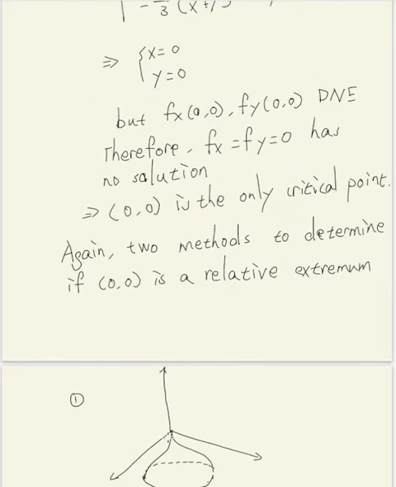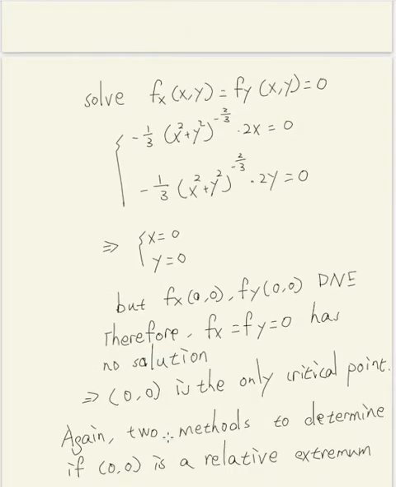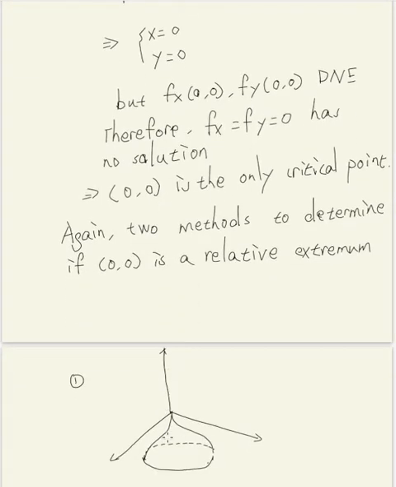All right, the second method is simpler because graphing this thing by hand is kind of difficult. One last thing: this is a mistake. The top is not the origin, but (0, 0, 1), because note that f of (0, 0) is 1.